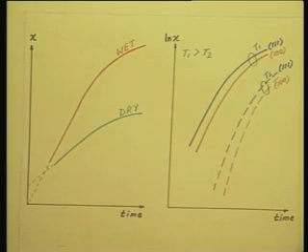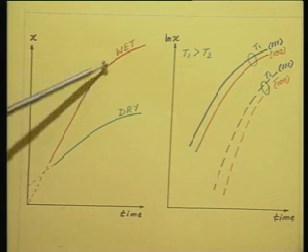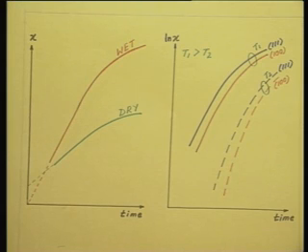This is something I have tried to depict pictorially. Look at this graph on the left. I have plotted x versus time. X is actually the oxide thickness. And assume that both these oxidations are carried out at same temperature.